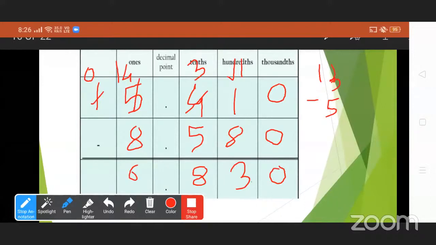Our final answer is 6.830. If the last digit is 0, don't write it. So our answer is 6.83.